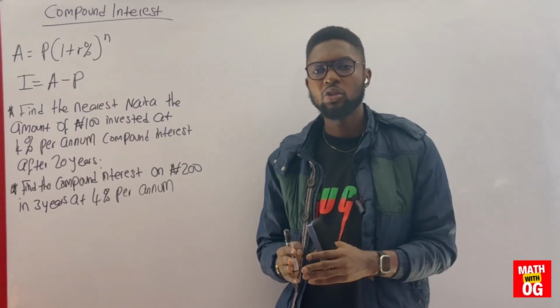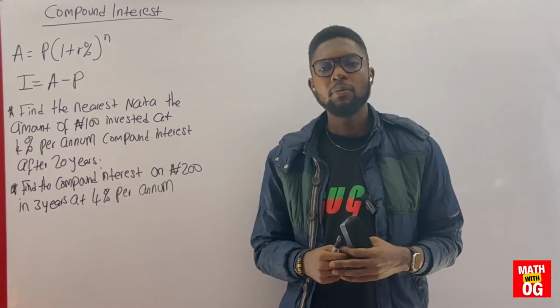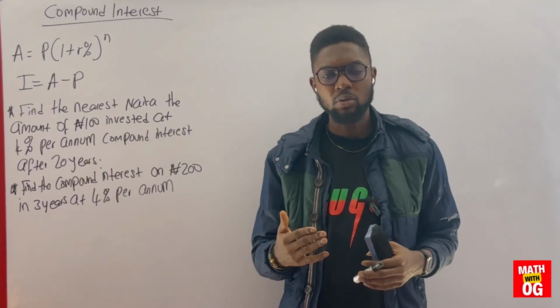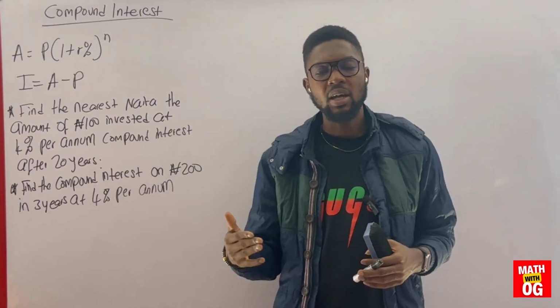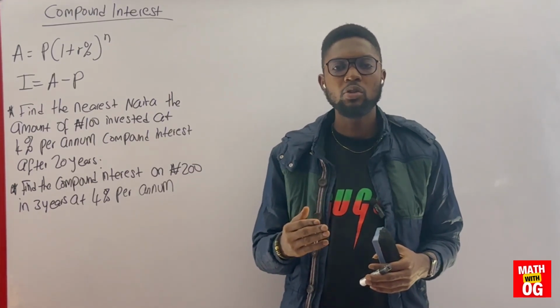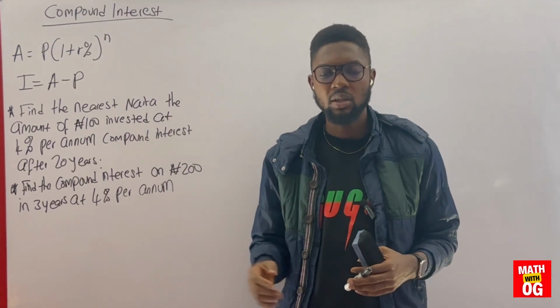So that will be your interest at the end of the first year. If we are solving for simple interest, you are still going to use the principal of 100,000 to get your interest at the end of the second year, which will give you exactly the same amount. So for simple interest, your interest every year is constant because your principal is constant.